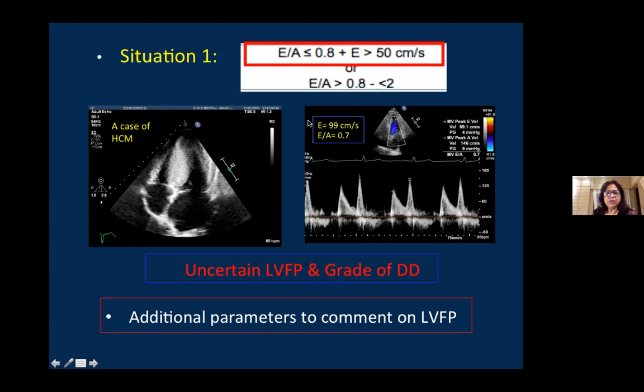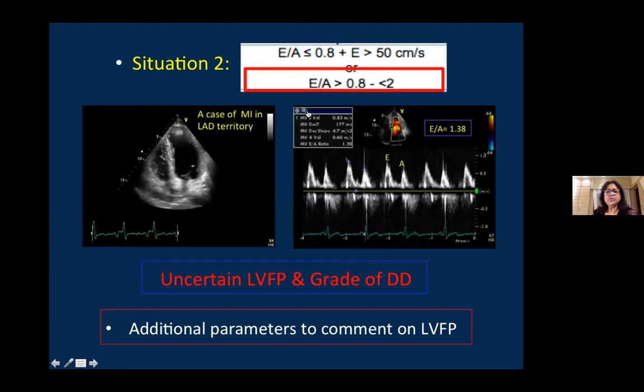In this particular case, we cannot comment on the grade of diastolic dysfunction. We cannot comment on the LV filling pressure. We need certain additional parameters to comment on LV filling pressure, which I'll show you subsequently. So situation 1 is this. Now let us see situation 2.